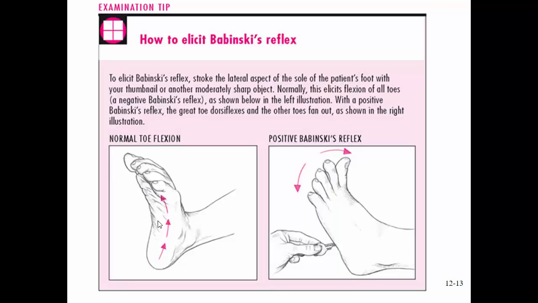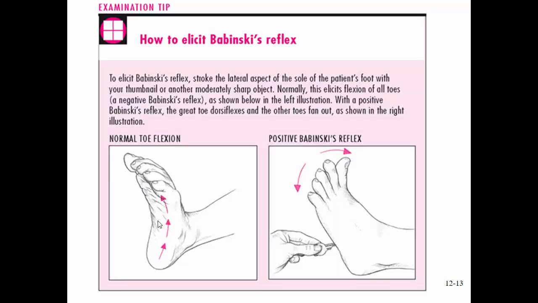But if they splay outward, or what we call dorsiflex, that's a positive sign, and that's an abnormal response. And that is normal in babies 2 and under. So a positive Babinski is normal in kids 2 and under, but it's a bad sign, abnormal, in anybody over the age of 2.